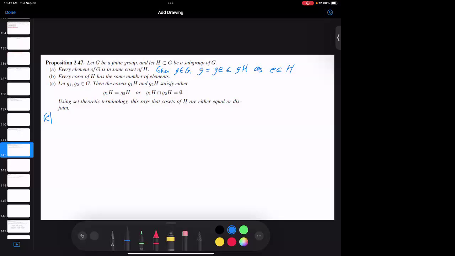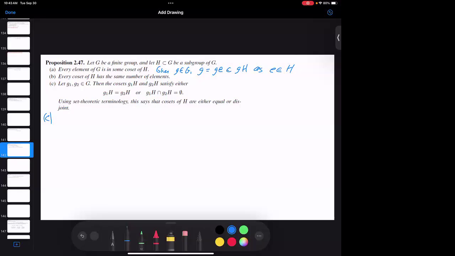So if we show that one of the conditions is violated, all we have to do is show that that implies that the other one holds. So we could either say that there is some element that's in both of them, and show that that implies that they have to be identical. Or we can show that if they're not equal, they can't have anything in common.